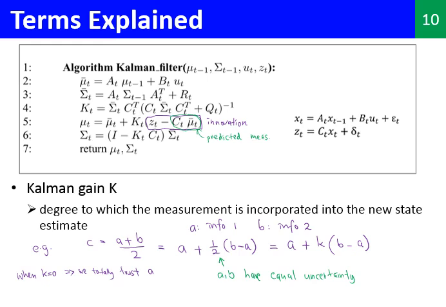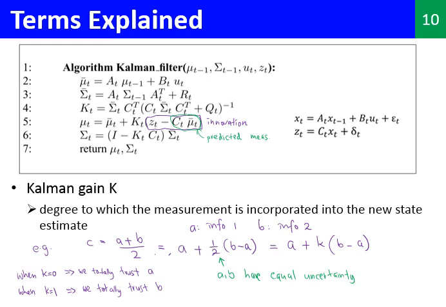And similarly, when K equals 1, what do we get? Then A will disappear from the expression and we have B, right? So when K equals 1, we totally trust B. Okay.